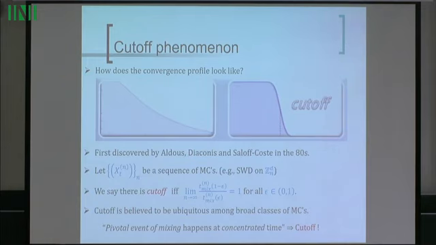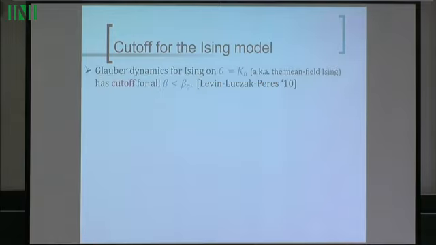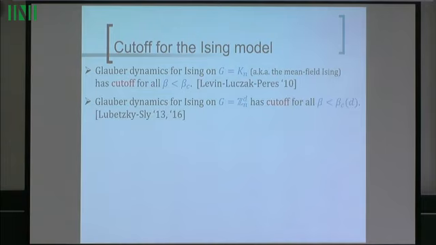Okay. Hopefully yes. So there are a few results known on the cutoff for the Ising model. The first such result was due to Levin, Luczak, and Peres, where they studied Glauber dynamics for the Ising model on the complete graph. It's called the mean field Ising model, and they showed that it has cutoff for all high temperatures. And later, Lubetzky and Sly showed that the Glauber dynamics for the Ising model on the lattice also has cutoff at all high temperatures.